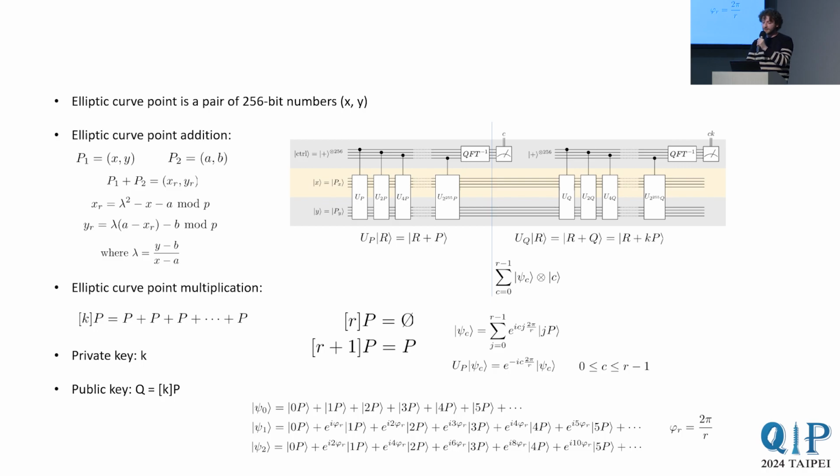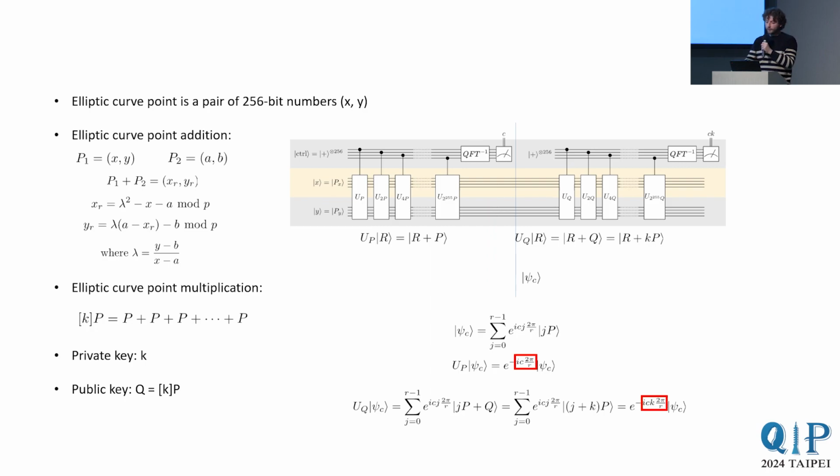So here we have a phase phi r, 2 phi r, 3 phi r, and so on, where phi r is 2 pi over r. Psi2 is the same, but the phase increases in steps of 2 phi r. And so all eigenstates of this unitary are psi c with an eigenphase that is c times 2 pi over r.